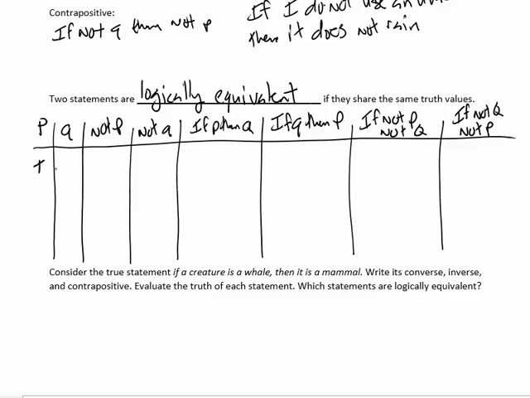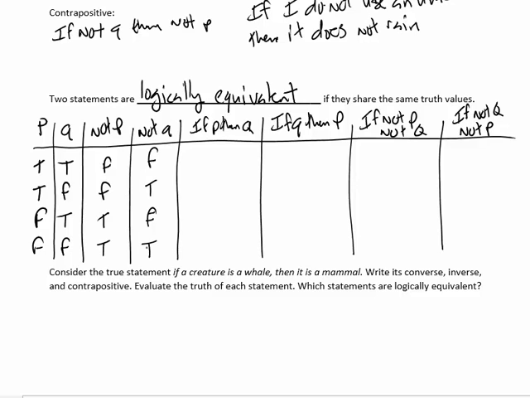We have true true, true false, false true, and false false. We can fill some of this in pretty quick. So not P would be false, false, true, true. Not Q would be false, true, false, true.